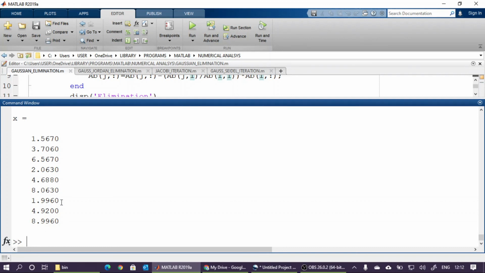U7 is 1.9960. U8 is 4.9200. U9 is 8.9960. So these are the mesh points or grid points of the solution of the Laplace equation for the given region and for the given boundary condition. Okay.